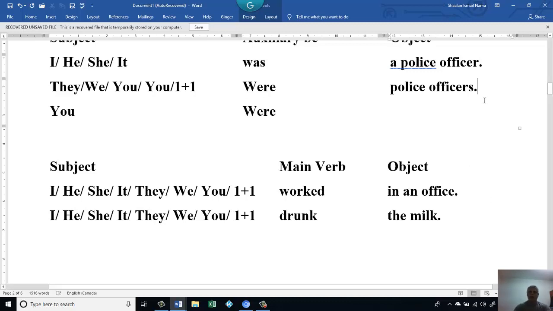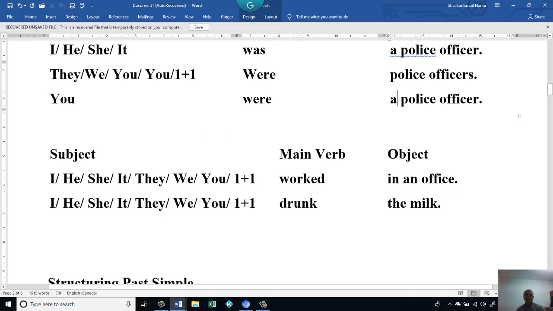Then here we have to change it, instead of police officer, say a police officer, because we're talking to only one person. So we change it to a police officer so we know the person we're speaking to is one person. We say you were a police officer. Okay, this is one kind.